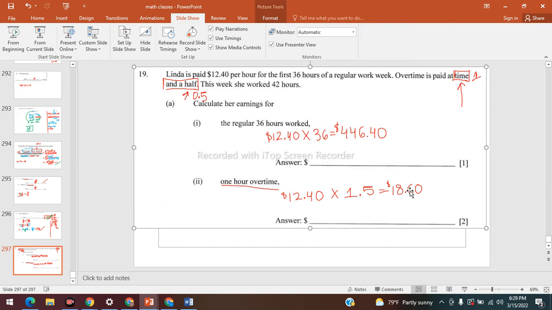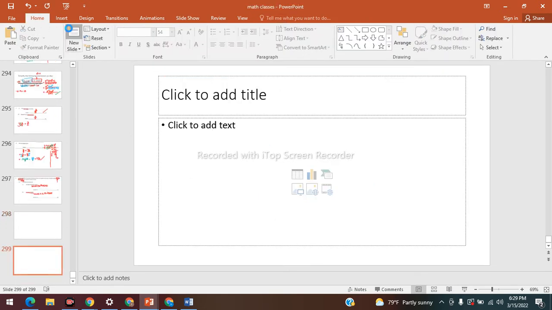First we would times 18.6 by the amount of hours she worked overtime. Yes. And after we get overtime, we would add it to the regular pay per week, and then we get her total week pay. So we have to be careful.